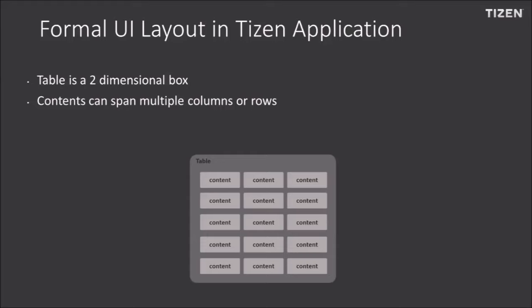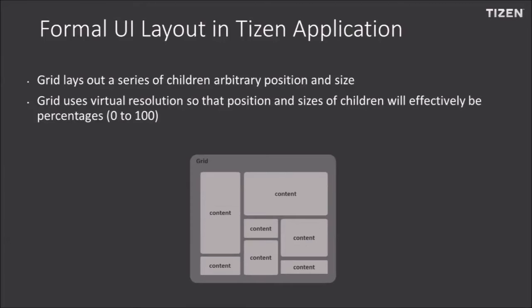Table is something like a two-dimensional box. You just put the multiple contents into a table at a specific row and column position. And grid is a little more complex. It's available for putting contents at an arbitrary position and with arbitrary size. These position and size values are 0 to 100 in percentage units, and these values are relative to the size of the grid widget.